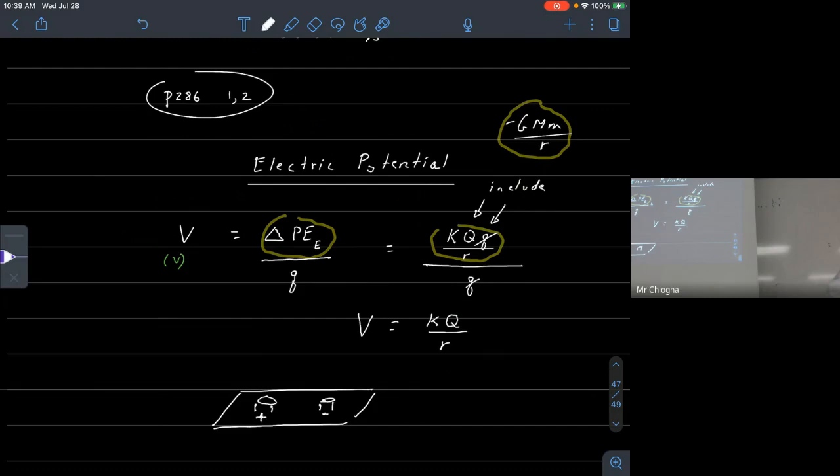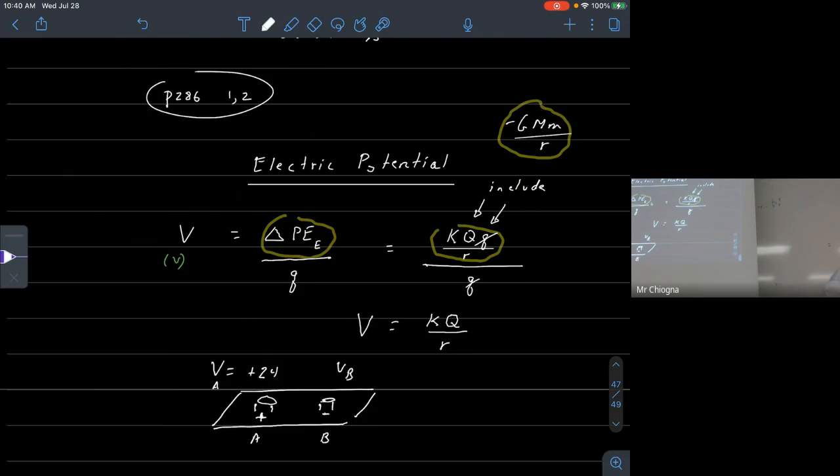These are called terminals. Terminals meaning that you can connect your wires to it. This here would have an electric potential of that. So that would be my VA. That'd be terminal A, that's terminal B.